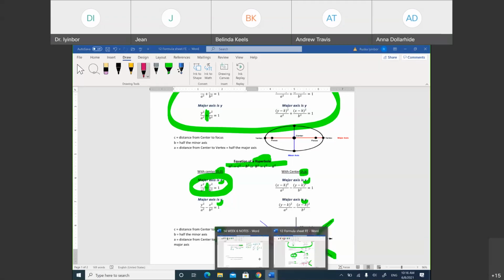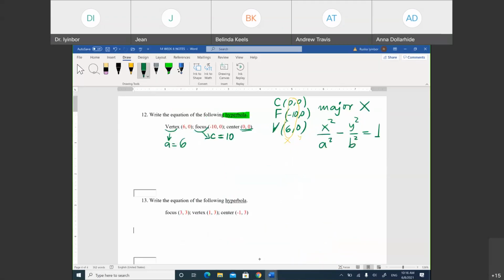That's why A is 6 and C is positive 10. If A is 6, what is A squared? 6 times 6, 36. You replace A squared with 36. Now we have to find B. I have A squared, and C squared is 100, because 10 times 10 is 100.